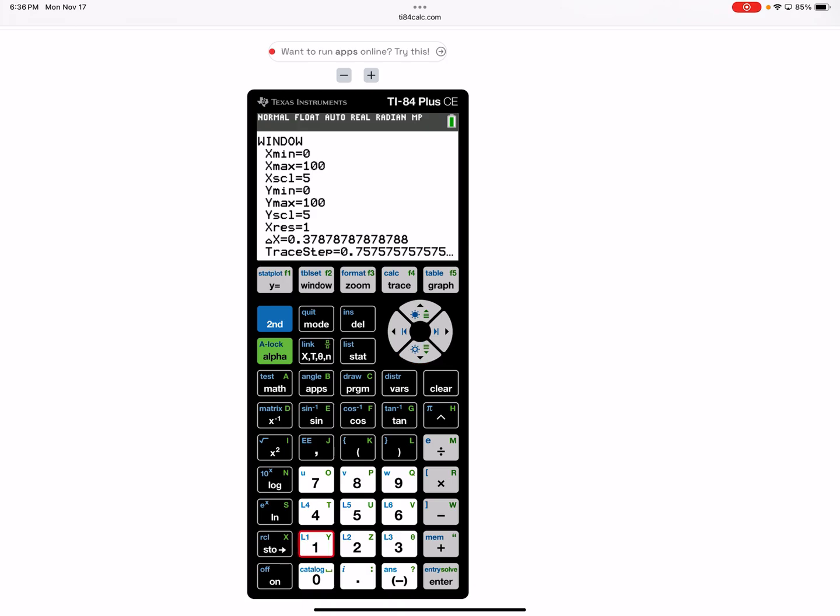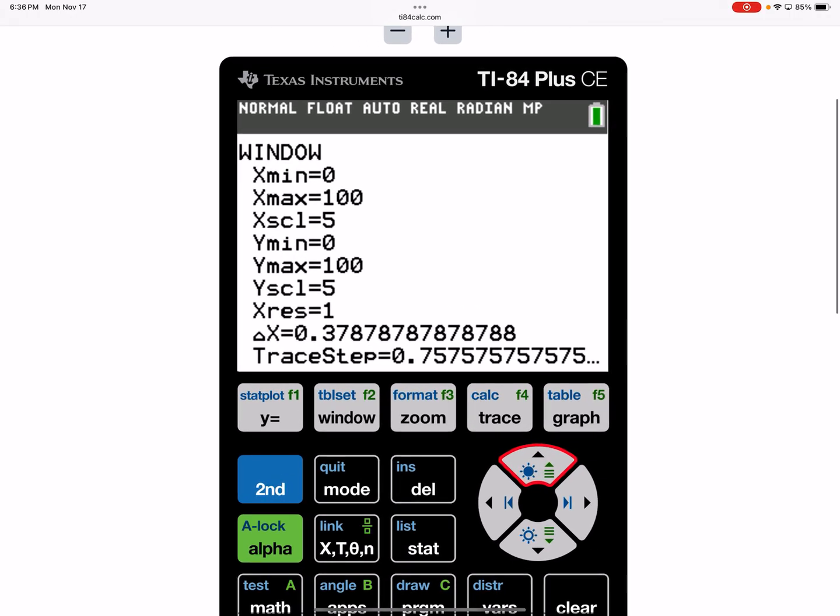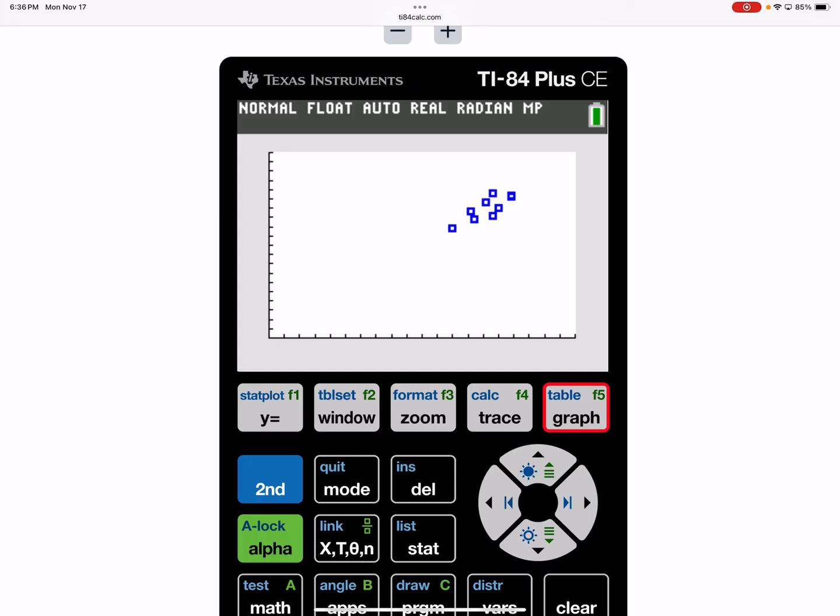My resolution was 1, so I'm going to change it back to 1. So here's what I've got: 0 to 100, and on my X's, I'm counting by 5. That's what the X scale means. My Y min, 0 to 100, counting by 5s again. X resolution, leave it at 1. Okay, let's graph it. Now we can see it better.